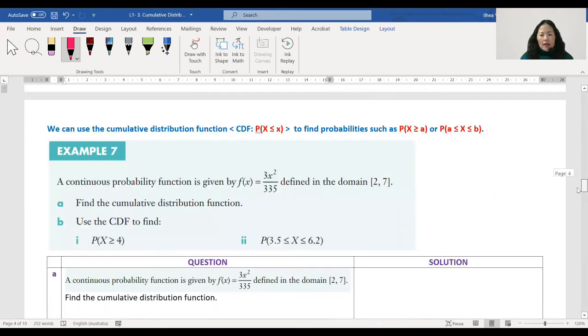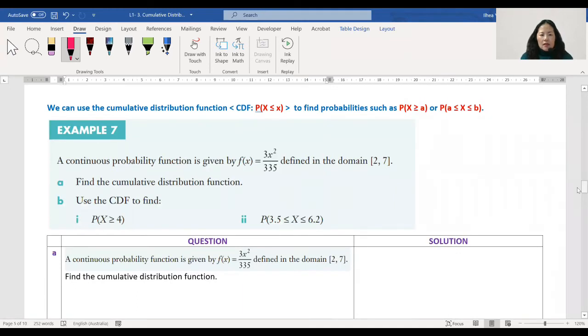Okay, so let's have a look at this. Now, it says here we can use the cumulative distribution function, CDF, to find probabilities such as here and here. Now, this is just in between the domain A and B, so that's all right. But this one, what does it mean?